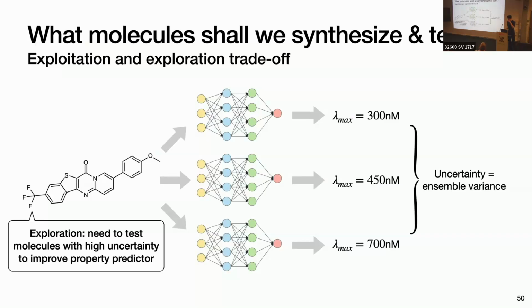Here we went for something rather simple, and I'm pretty sure there are better ways to do this. We just train different model ensembles and look at the ensemble variance as a way to quantify uncertainty. If you have a compound that goes through 3 different models and each of them gives you very different predictions, then probably this is something you want to test and use that data point to improve your model. That's the idea behind this.